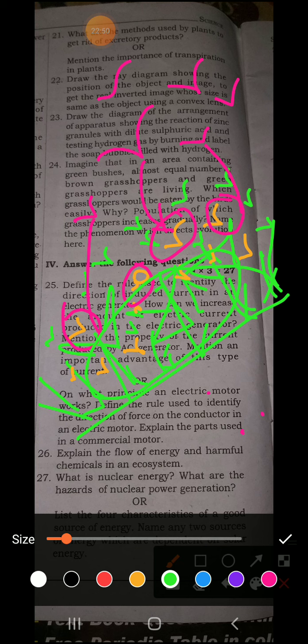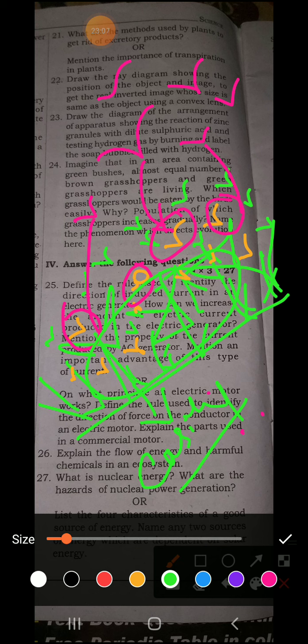Due to that, they cannot be seen very easily, right? So they get easily hidden and cannot be seen by the birds very easily.